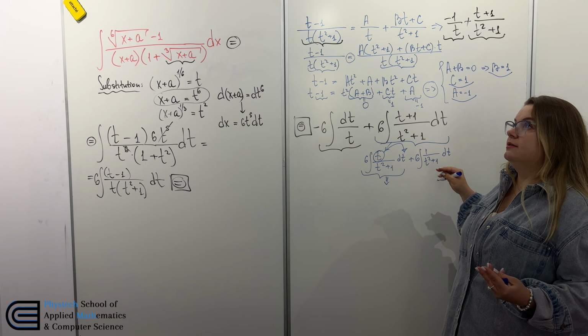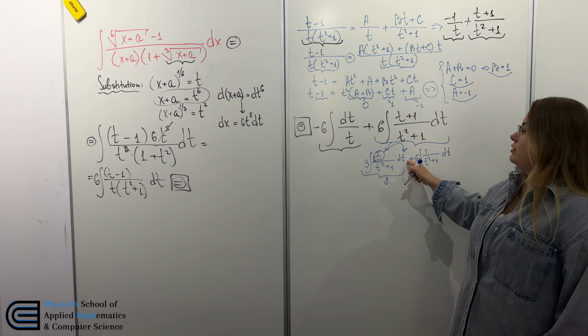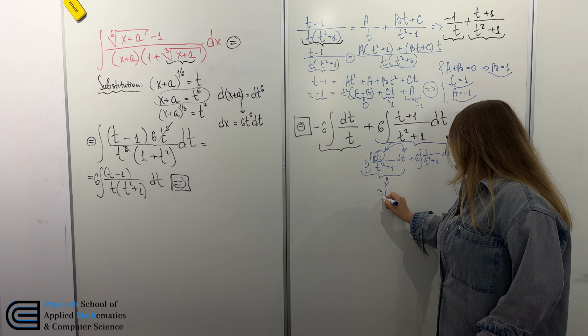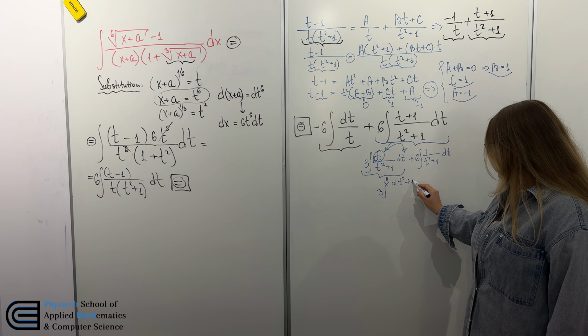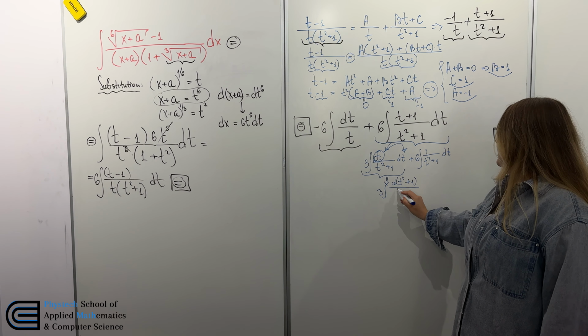So we can see that from 6, we will obtain 3 multiplied by 2, and this 2t goes here, and we obtain 3 integrals of the t squared, and we can put here plus 1 because it's constant, and t squared plus 1 here.